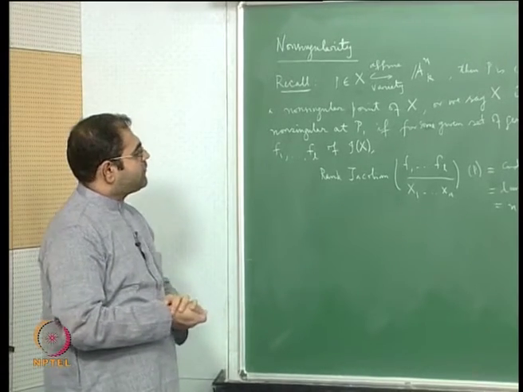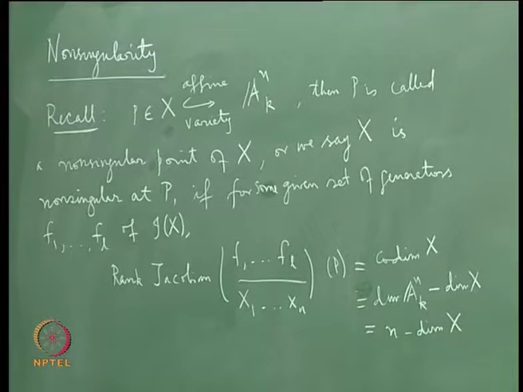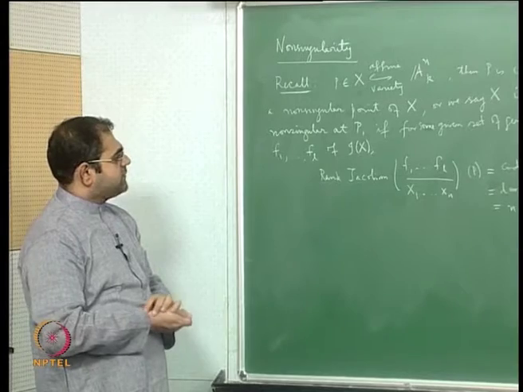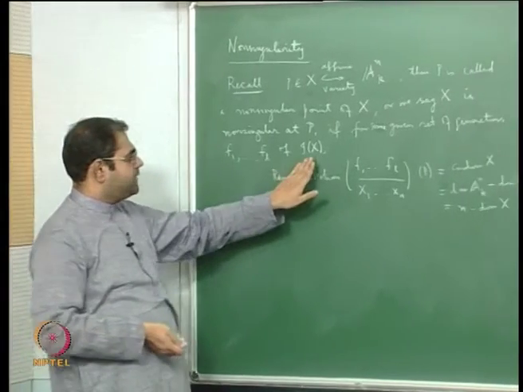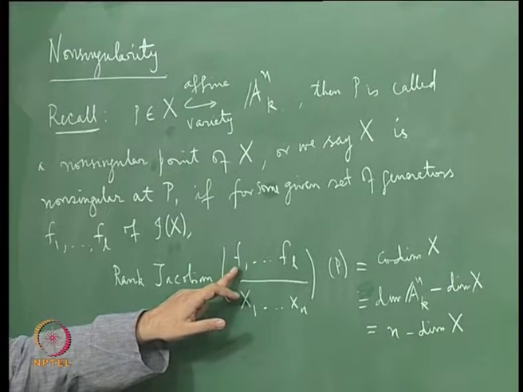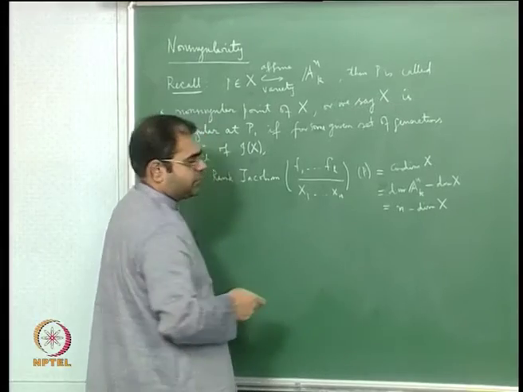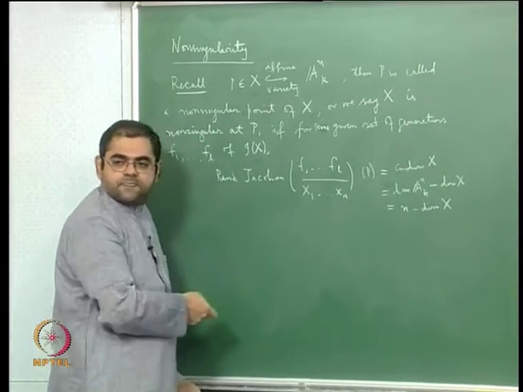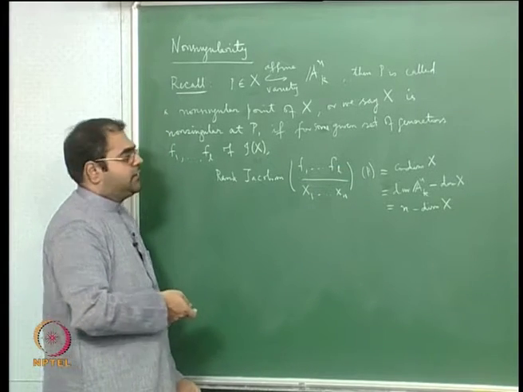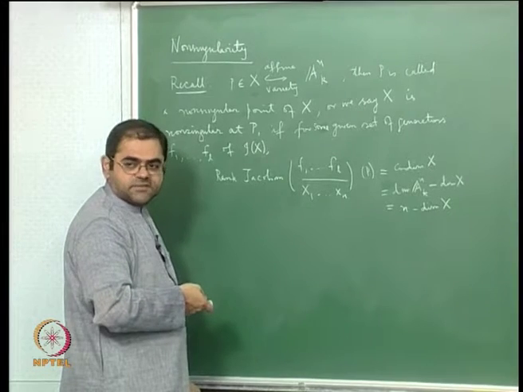A point of an affine variety is called a non-singular point or a smooth point, or we say that the variety is non-singular at that point, if for some given set of generators for the ideal of the variety, the Jacobian, which is given by the partial derivatives of all these with respect to these variables, turns out to be equal to the codimension of X. And codimension is the dimension of X taken away from the bigger space in which X sits, which is affine space.